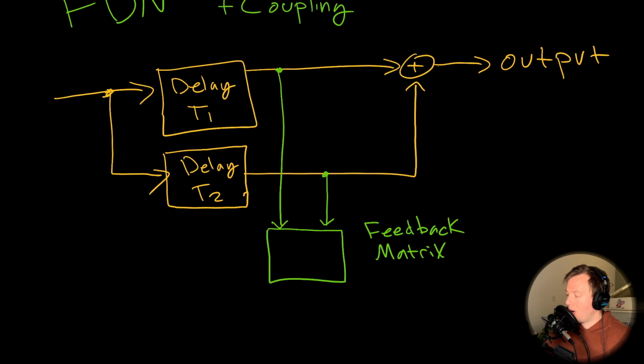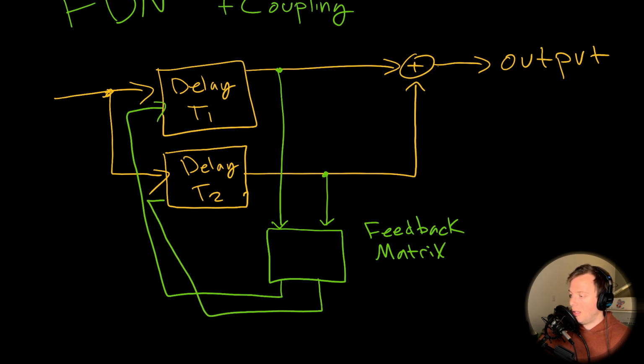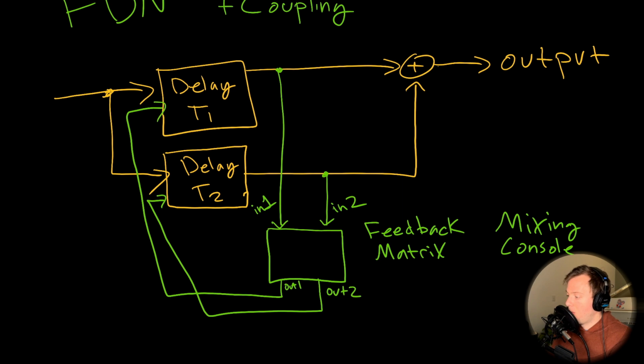If you are familiar with mixing multi-channel audio signals, we have 2 inputs and 2 outputs. This is basically the mixing console that determines the volume adjustments that we make. So we have in 1, in 2, out 1, out 2.